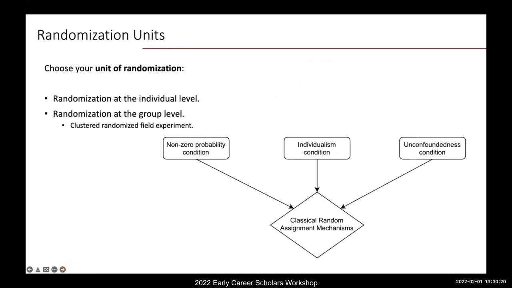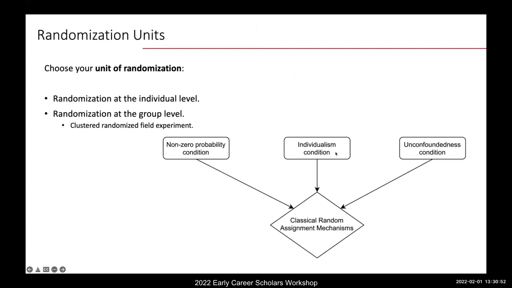Choose a unit of randomization. We can decide to randomize at the individual level, or we can decide to randomize at the group level. This is what clustered randomized field experiments are called. Once again, individualism and unconfoundedness just means that our randomization strategy has to ensure that we're not going to have any relationship between our treatment assignment mechanism and our potential outcomes.